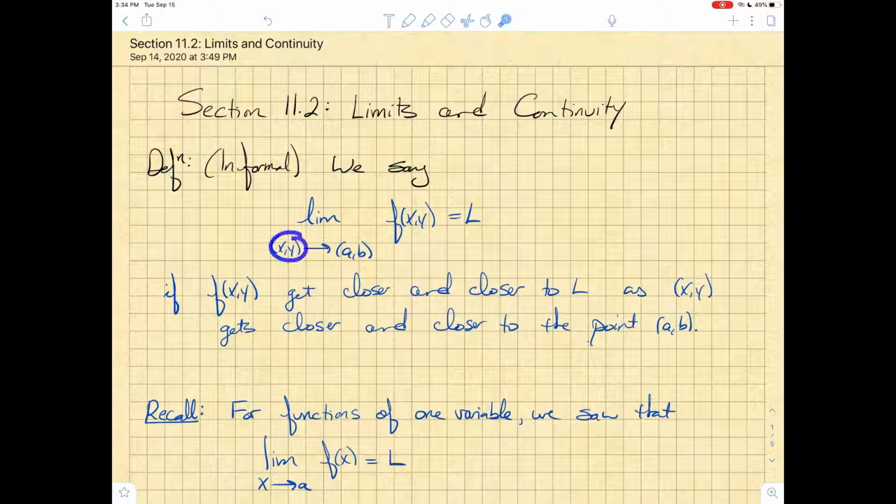So (x,y) is closing in on (a,b), the z value f(x,y) is closing in on the z value L. If you're curious how to say this precisely, I said this was somewhat informal.